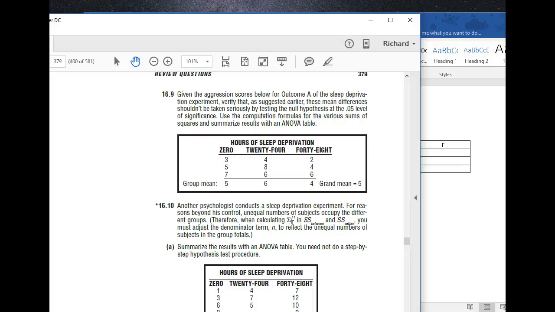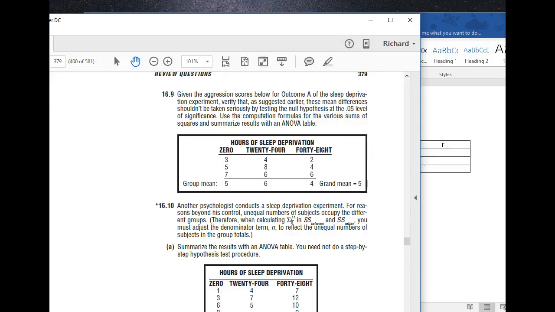For the first one, I'm going to total 3, 5, and 7, which should be 5 times 3, because there are 3 items. So this adds up to 15, and if you divide by 3, you get the group mean. I can get the total either by adding these numbers or by taking the group mean times 3. So for the first term, 15 is the total. I'm going to square that and divide by 3 items in the group.